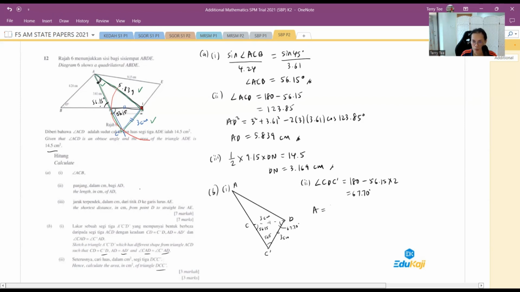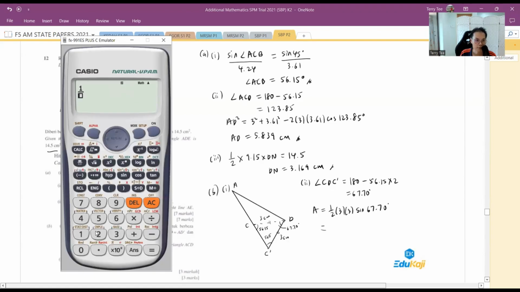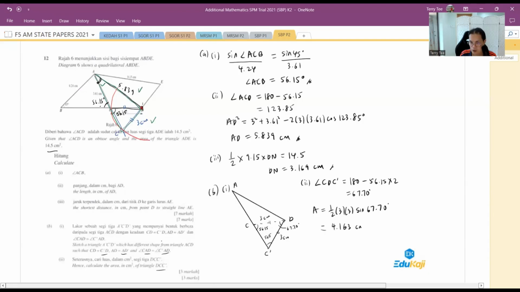Your area will be half ab sine C. You're only finding the small area here. So half times 3 times 3 times sine 67.7. There you go, 4.163. Yep, that is my answer.